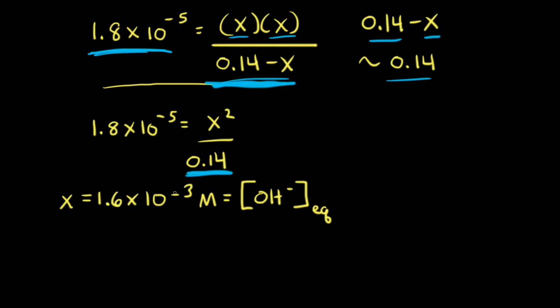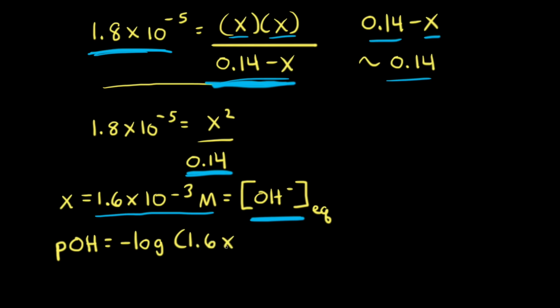So now we solve for X, and we find that X is equal to 1.6 times 10 to the negative third molar, which is the equilibrium concentration of hydroxide ions. Our goal is to calculate the pH of our solution, and first we could find the pOH, because pOH is equal to the negative log of the concentration of hydroxide ions. So the negative log of 1.6 times 10 to the negative third is equal to 2.80.